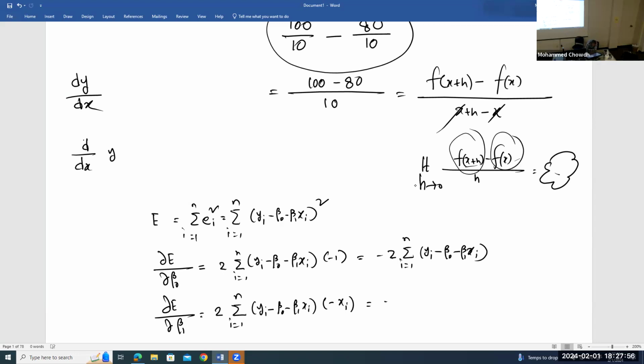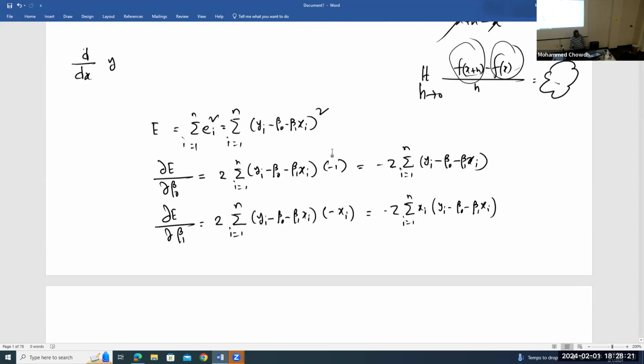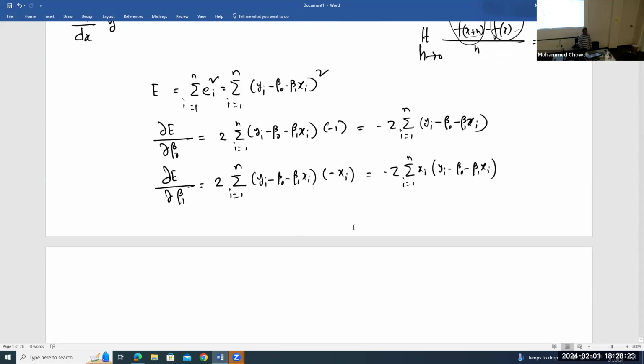So you are getting here minus 2 times the sum from i equals 1 to n of x_i (y_i minus beta 0 minus beta 1 x_i). This is what you got. I am differentiating the sum of squares of error with respect to beta 0 and beta 1. These are the two equations I need.